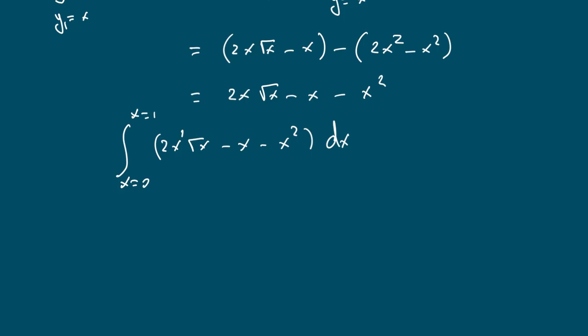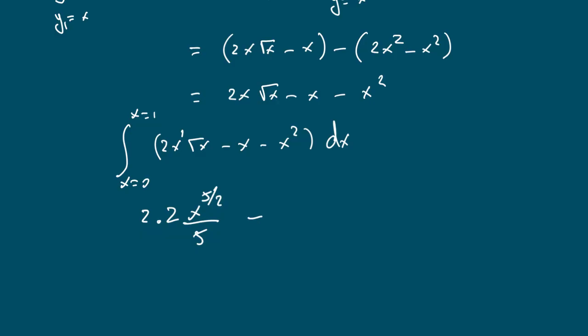This is x raised to the power 1, and x raised to the power 1/2 is the square root of x. So this will be x to the power 3/2. 2 times the integral of x^(3/2) is x^(5/2) divided by 5/2, multiplied here by 2.